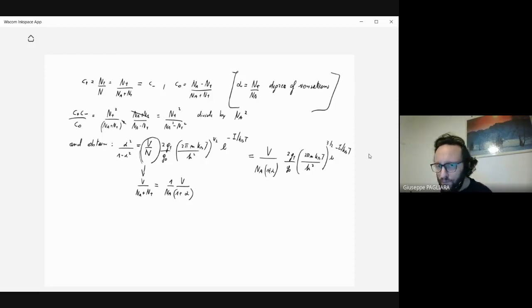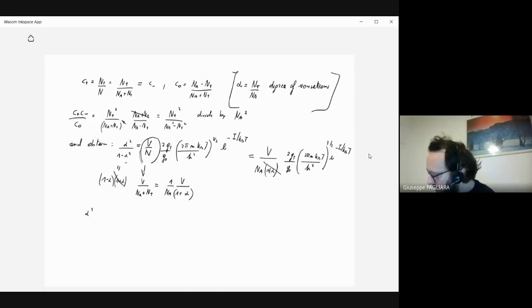Okay? So now I can remove this coefficient here, and here I will have just 1 minus alpha, okay? Because this is 1 minus alpha times 1 plus alpha, and therefore I can remove this 1 plus alpha.